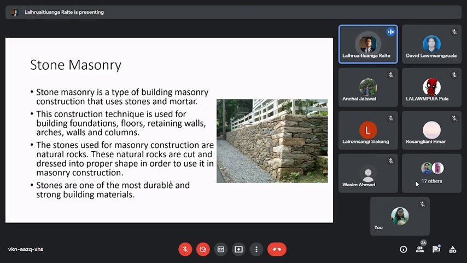Stones are one of the most durable and strong building materials. This is dependent on the type of stone you would be using. For example, the properties of a sandstone versus a limestone would be different, and as such, the types of usage it can carry will be different as well.